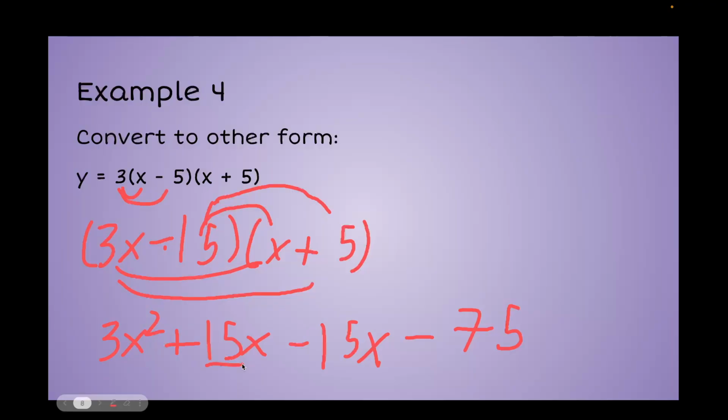And combining like terms here, 15 plus -15 is 0. So these guys actually cancel each other out. Or you can think of it as 0x. Either way, this is our answer. We want the y though. Don't forget the y.